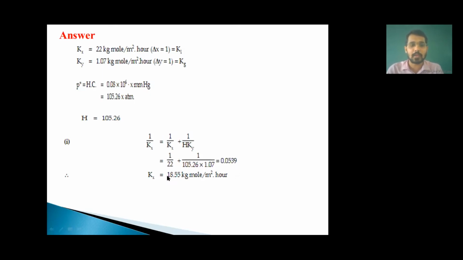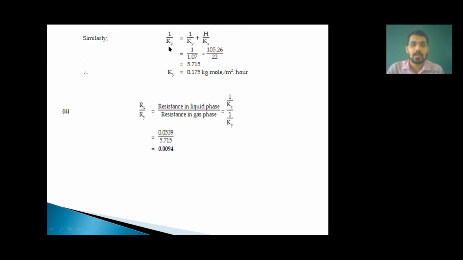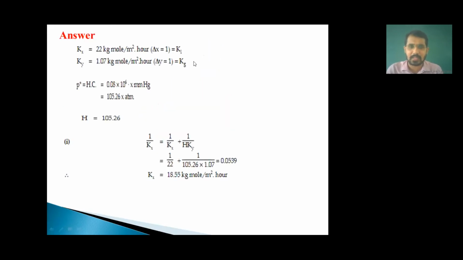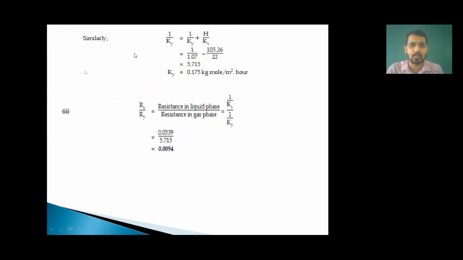Now we will find for the gaseous phase. The equation is 1 upon capital Ky is equal to 1 upon small ky plus capital H divided by small kx. Small ky is given, 1.07 kg mole per meter square hour, and small kx is 22. Just put here 1 upon 1.07 plus 105.26, the Henry's law constant, divided by 22.